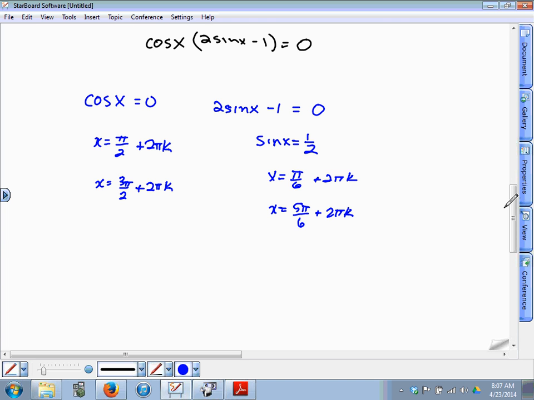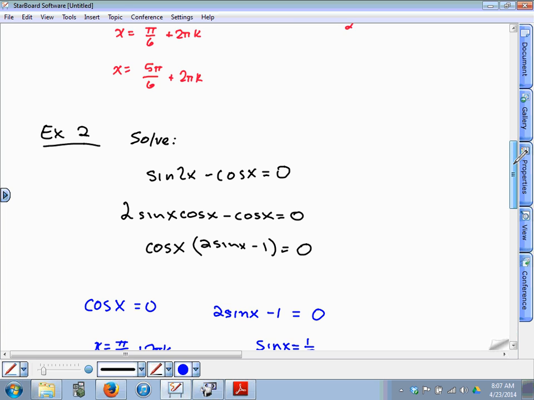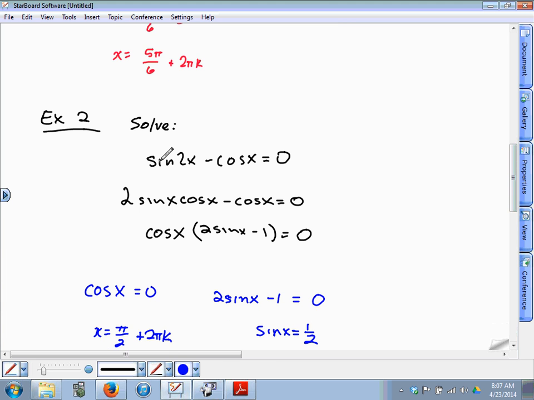About the identities here, where you switch the sine 2x to 2 sine x cosine x, this here to this, that was the double angle identity from lesson 7. 7.2, I think.